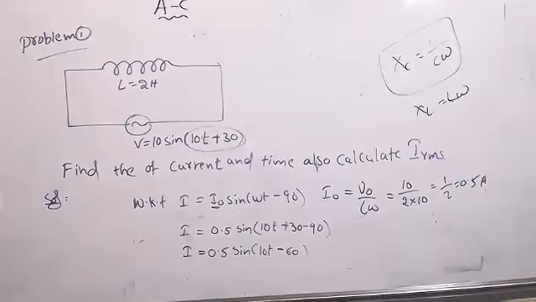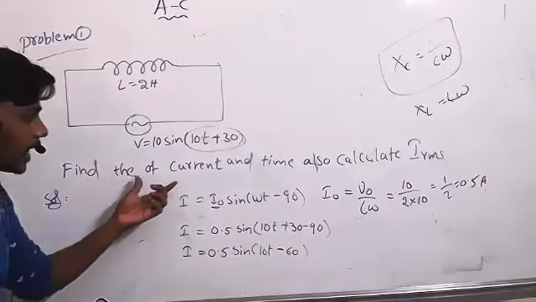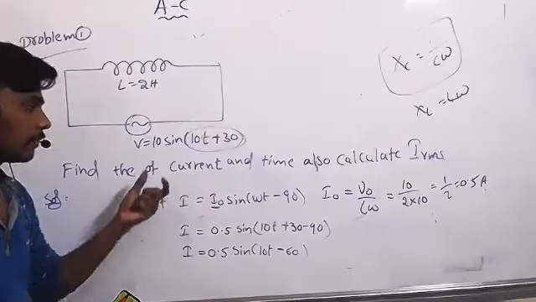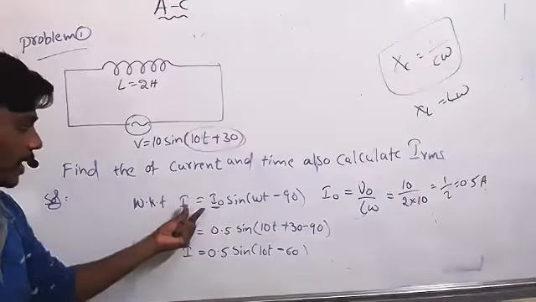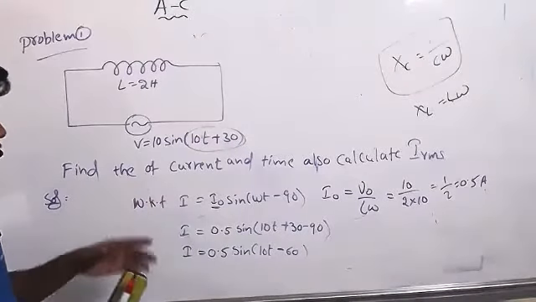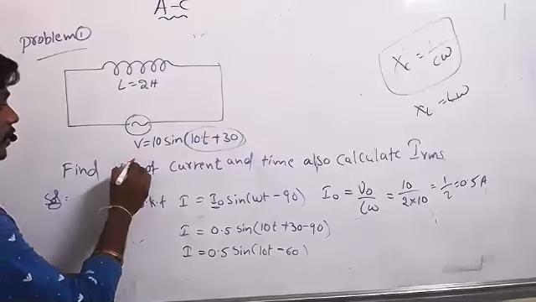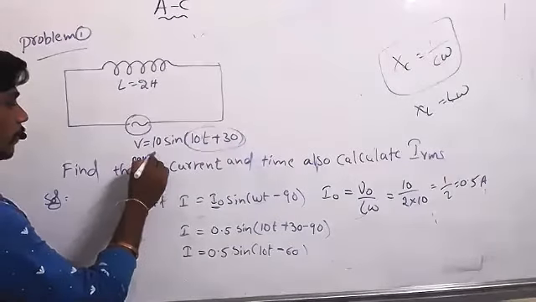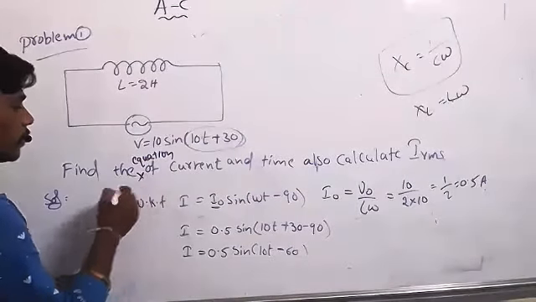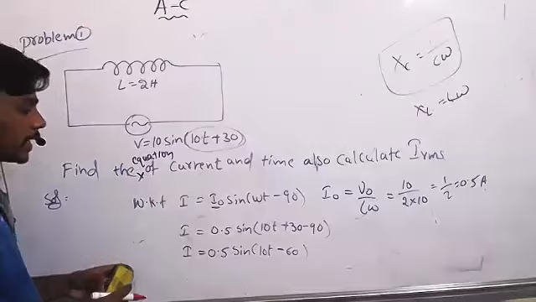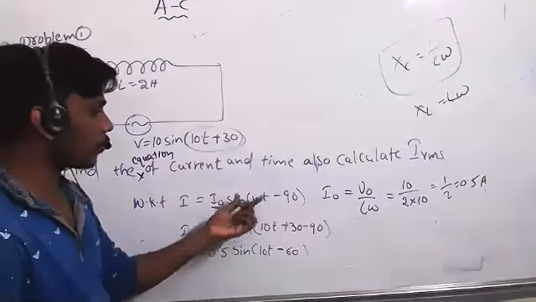Clear? Understand? If they ask you to find the equation of current, it means I is equal to I naught sine omega t minus 90.